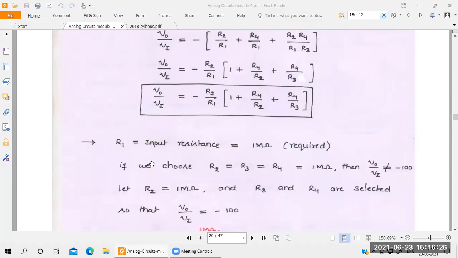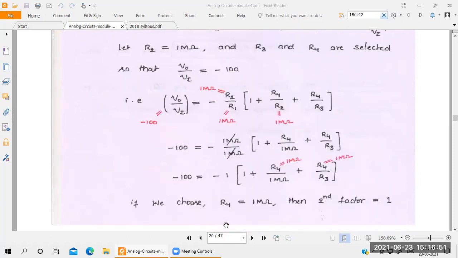What is the first condition here? They have taken two conditions here. The first condition: here in total how many resistances are there? 4 resistances. If you connect the 4 resistances as 1 mega ohm, the gain of the op-amp is how much? Minus 100. That is the first condition. The second condition: here we don't know the R3 and R4 values, but we know the R2 value and the gain of the op-amp.